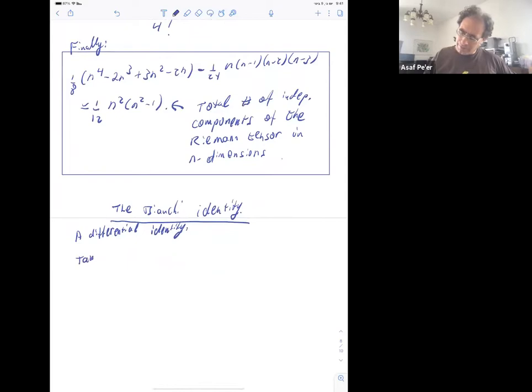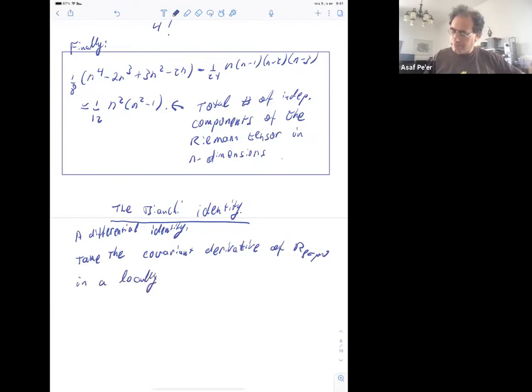So take the covariant derivative of the Riemann tensor, R rho sigma mu nu, in a locally inertial coordinate system, where gamma lambda mu nu equal 0, but not their derivatives.